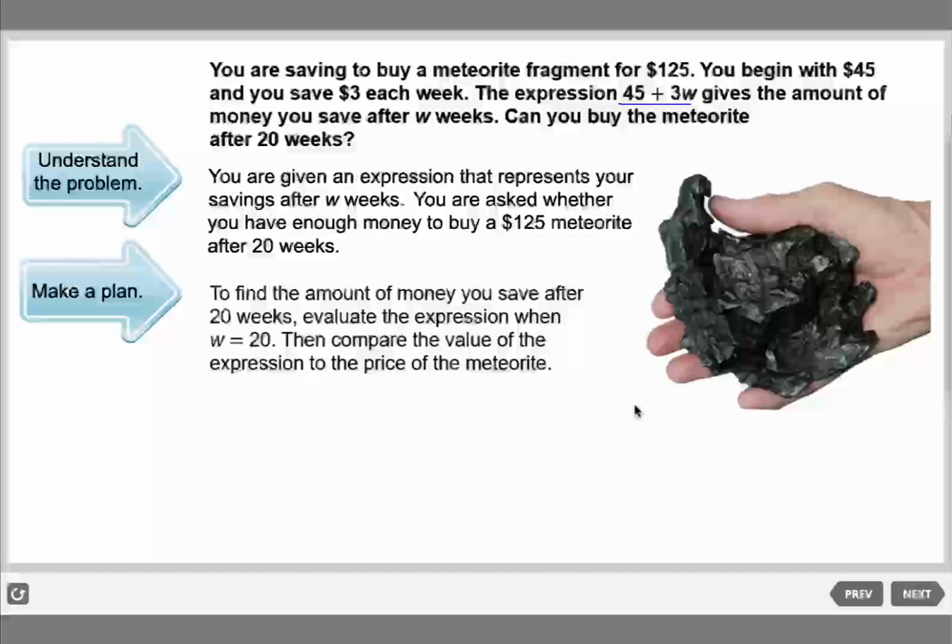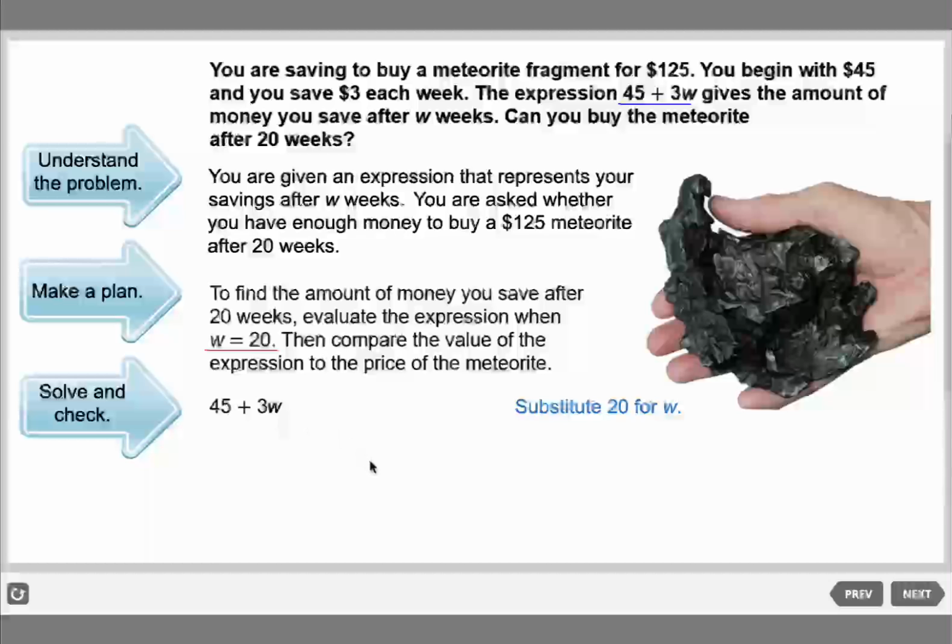Diya? Yes, teacher. Okay, you have the expression 45 plus 3W. What is the value of W? It's 20. So let's substitute 20 for W. It's equal 45 plus 3 multiplied by 20.